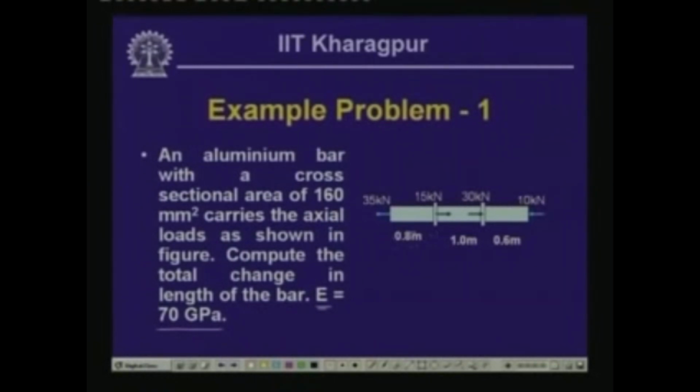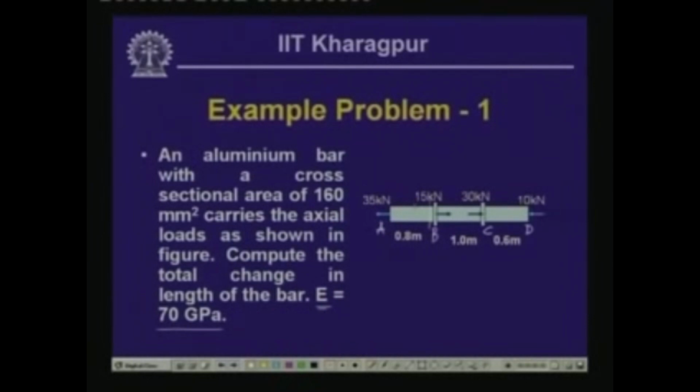Now, last time when we had solved a similar example, if you remember, what we need to do here also is, from this point to this point, let us say this point is A, this is B, this is C, this is D. Now, from A to B, just a little below B, the effect of force which is existent is this 35 kilonewton.